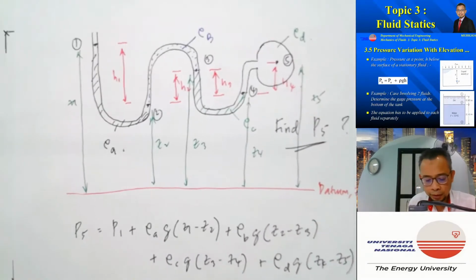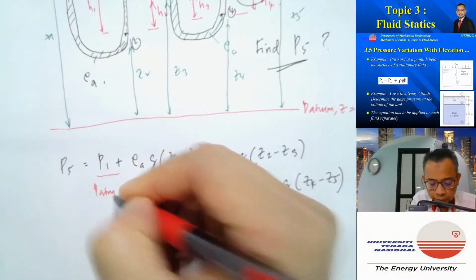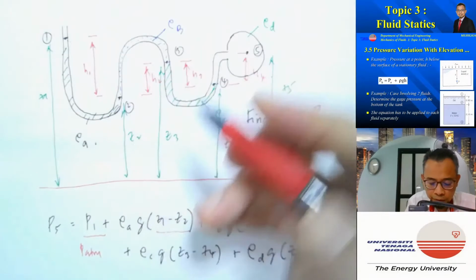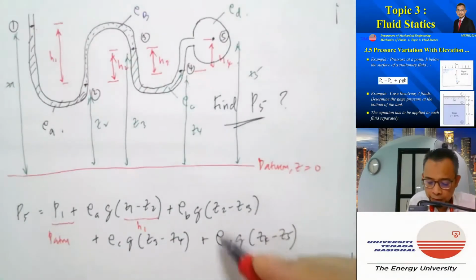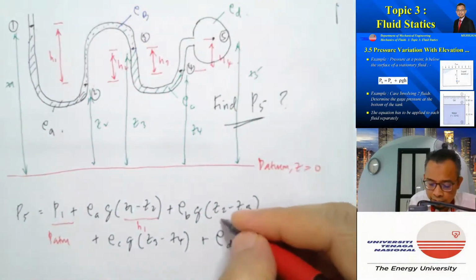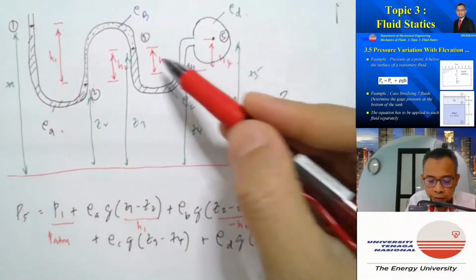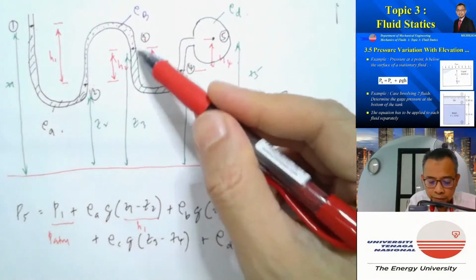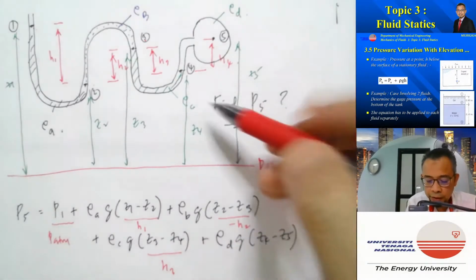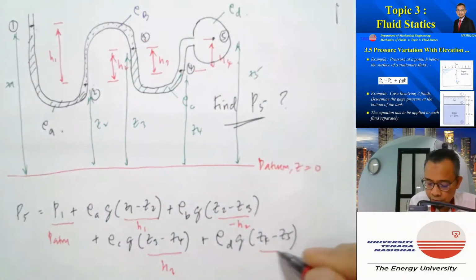And we know that P1 is equal to PATM. Z1 minus Z2 is H1. Then Z2 minus Z3 is minus H2. Then Z3 minus Z4, Z3 is bigger than Z4, so this is H3. And Z4 minus Z5, Z4 is less than Z5, is minus H4.